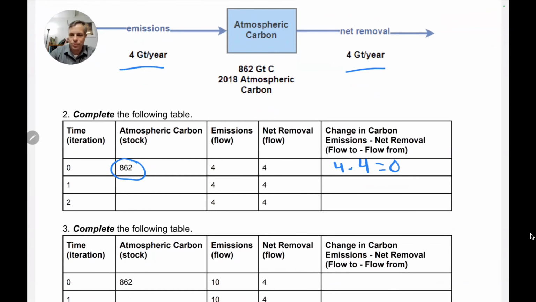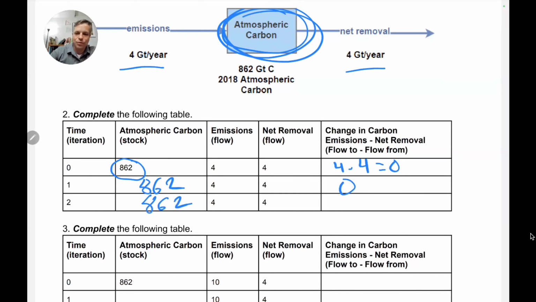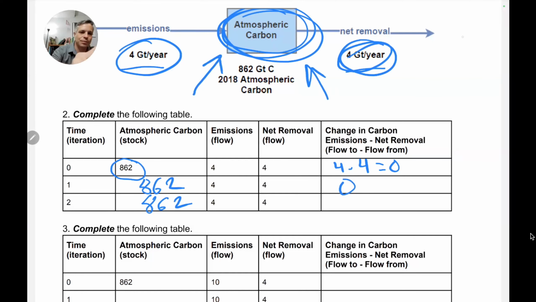And then how's that going to change the stock? Well, it's not really going to change this stock at all. So it's going to be 862. Next time iteration, it's going to be 0, so 862, and so forth. So they get to see, hey, this is a sustainable system. When your emissions match your removals, the carbon in the atmosphere does not change.